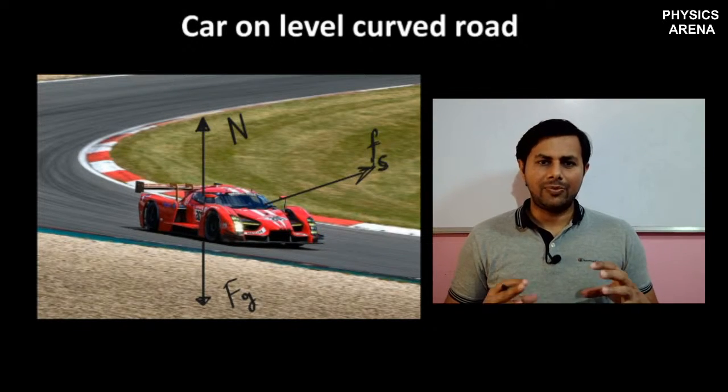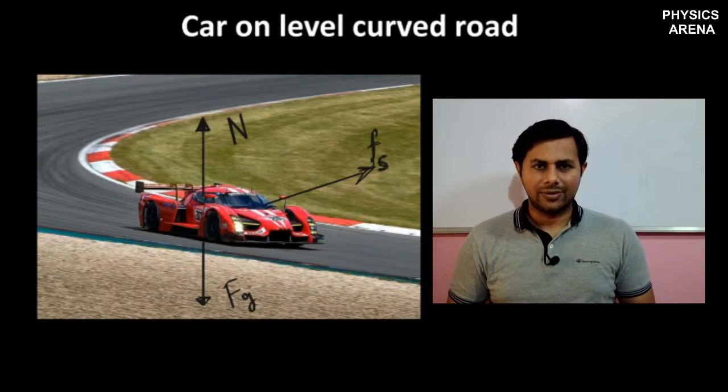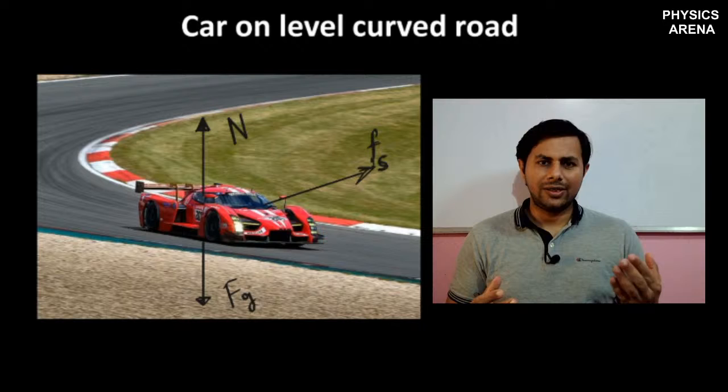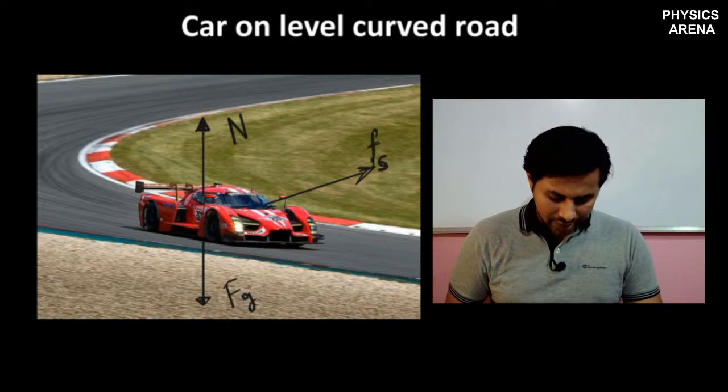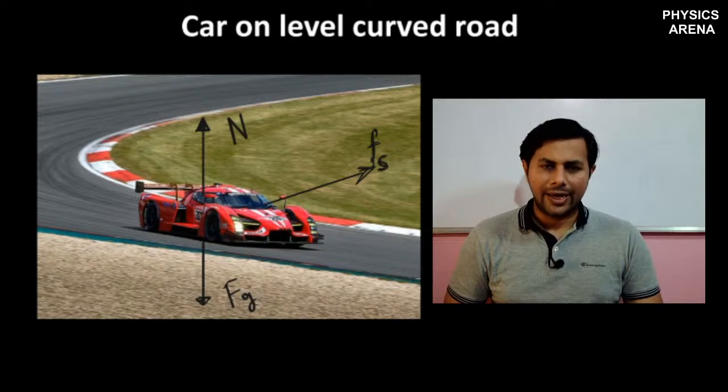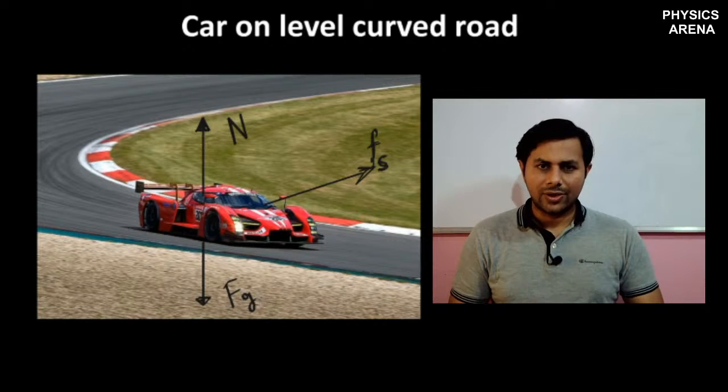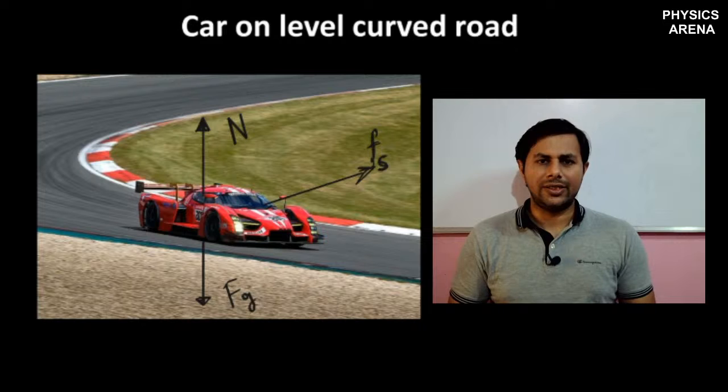So can we rely upon the friction? Obviously no, because friction is not constant. So friction between this road surface and the tires of this vehicle is not a constant.